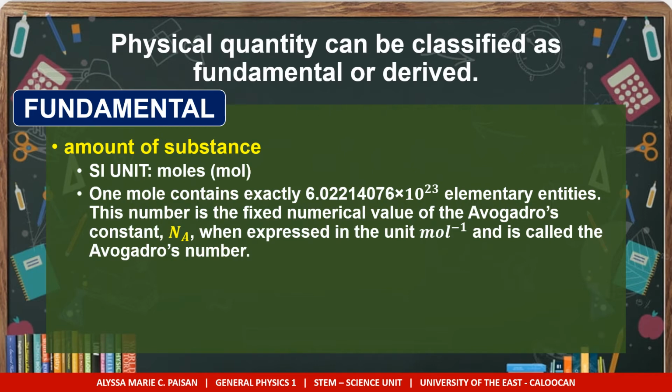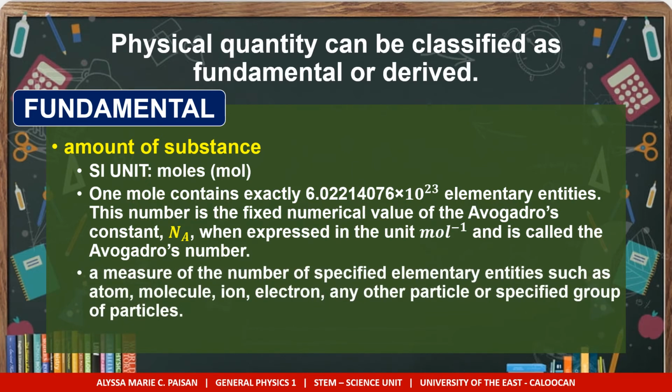This number is the fixed numerical value of the Avogadro's constant N sub A, which I believe you have already encountered in your General Physics 1 lessons. It is expressed in the unit mol raised to negative 1, and it is widely known as Avogadro's number.